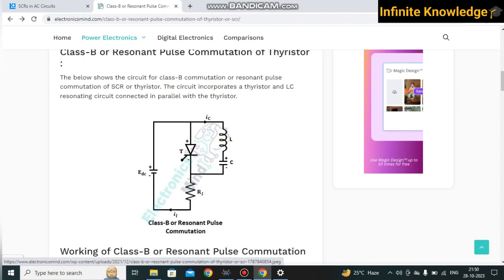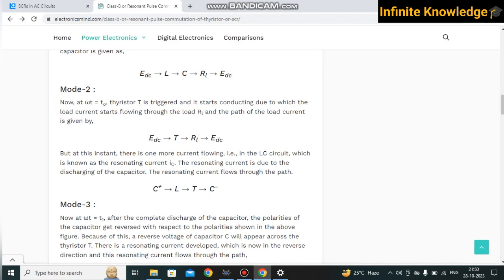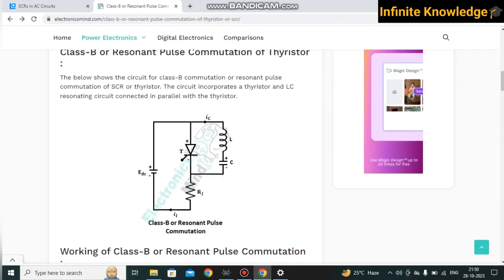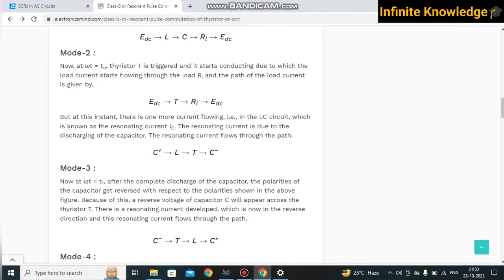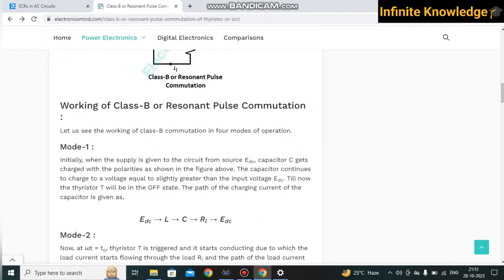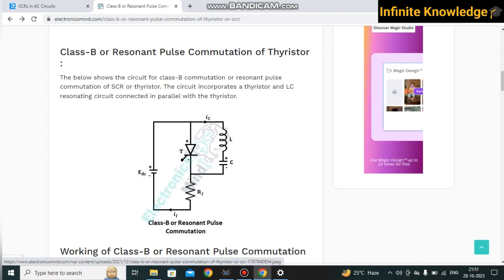Two currents flow, one from this path and another from this path. You can see here in mode 2 there are two current flows, as I explained. Now in mode 3, you can see here L and C is a combination, and it is creating an LC oscillatory circuit.